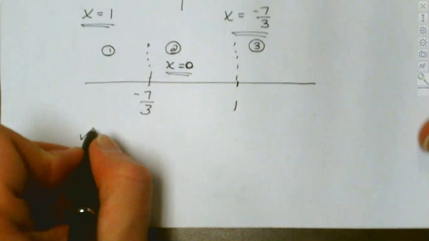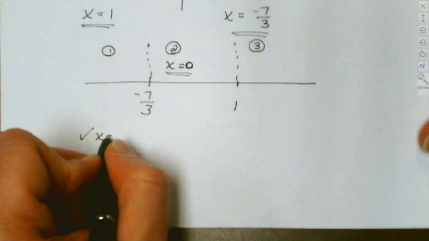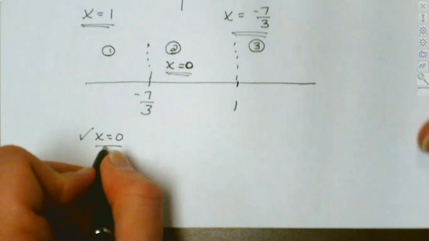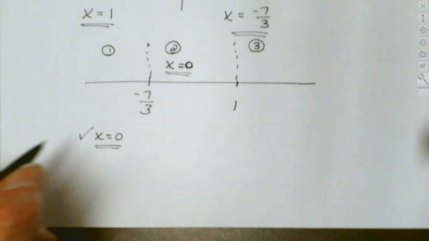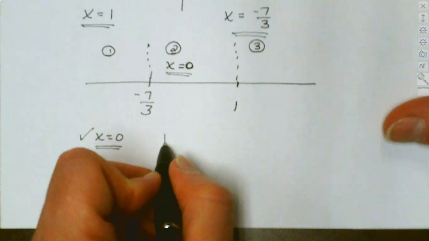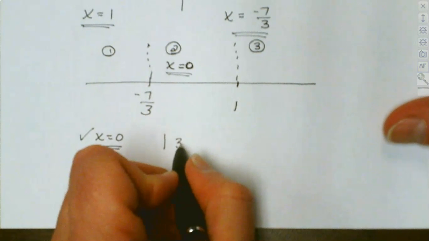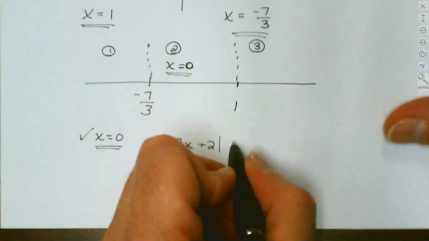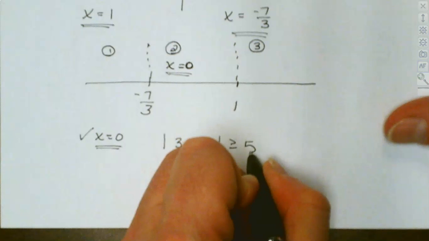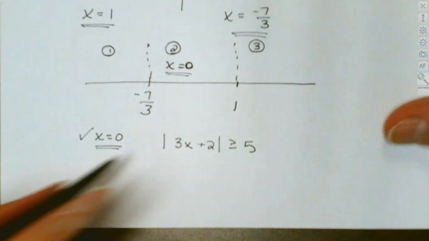Now we check x equals 0. You always check 0. 0 is the one that you're going to check every single time. And so we check that in the absolute value of 3x plus 2 is greater than or equal to 5. And we plug in our 0.